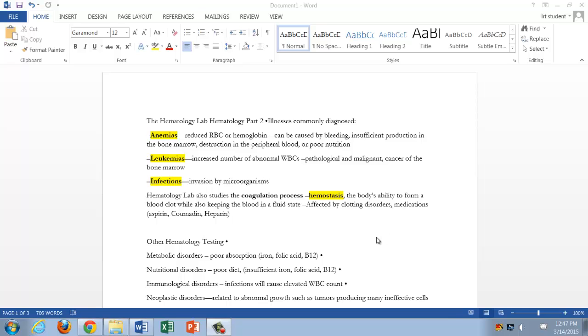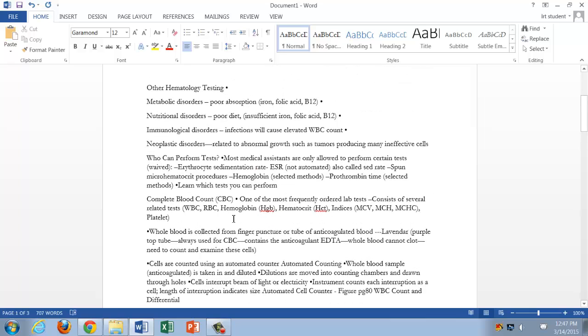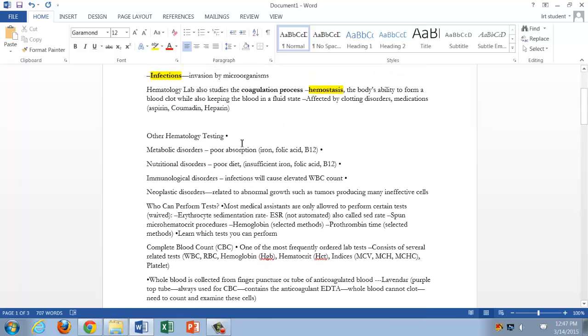Other hematology tests, moving down the page here, and looking over at page 78, at the bottom, hematology testing: metabolic disorders, nutritional, immunologic, and neoplastic.